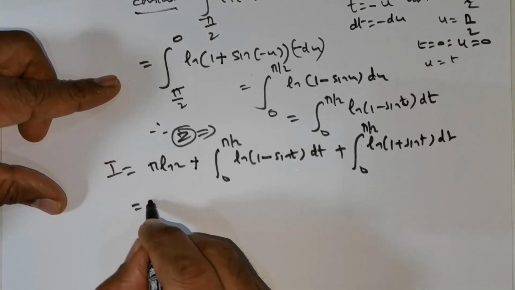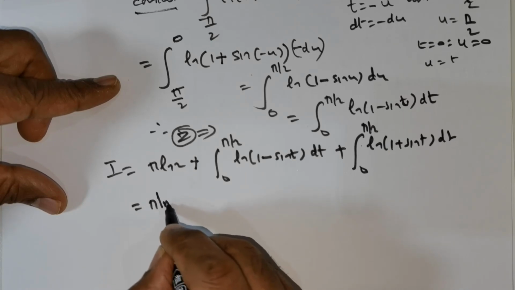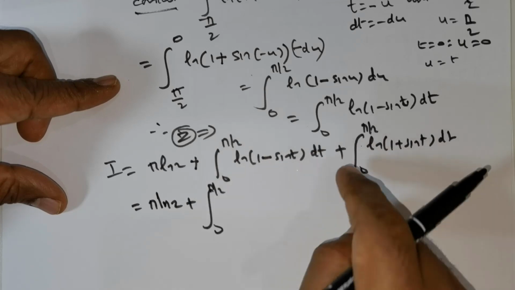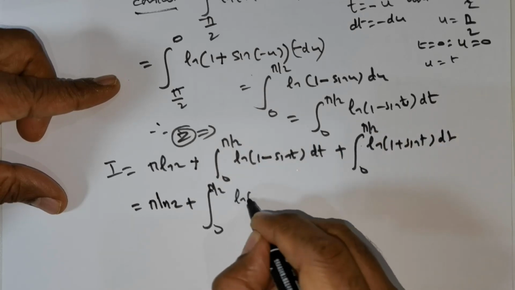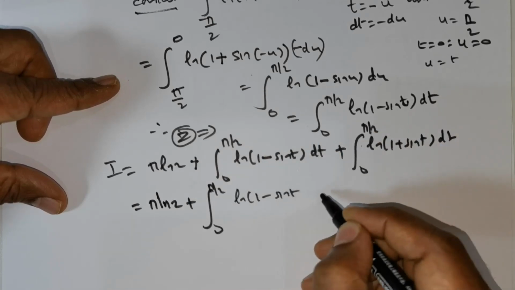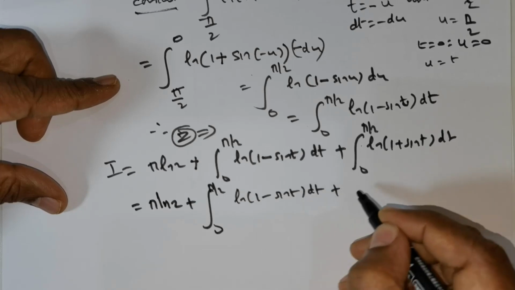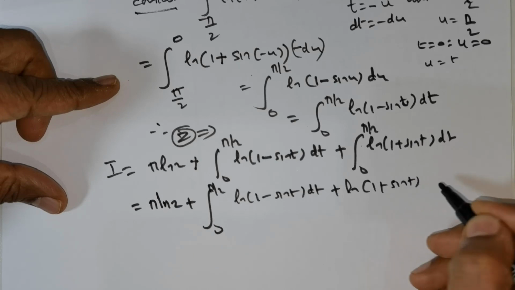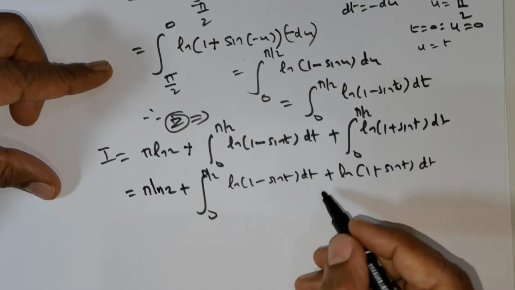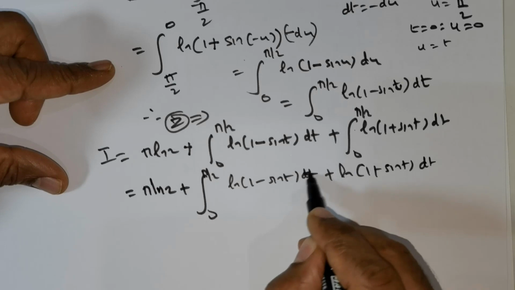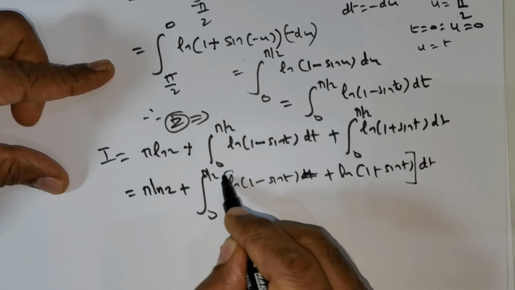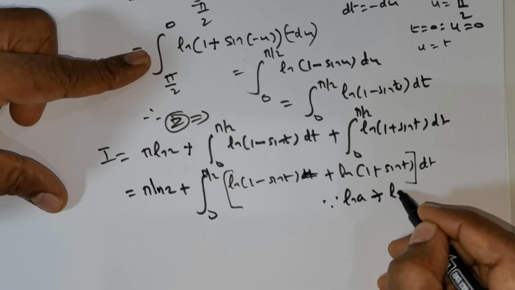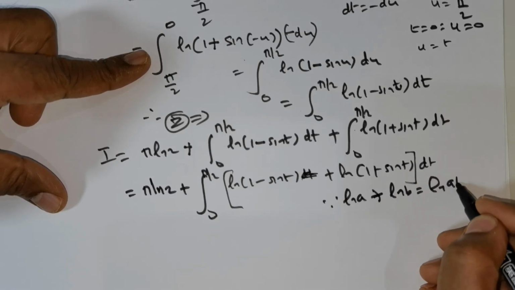Now this can be joined together: pi times ln 2 plus the integral from 0 to pi over 2, since the limits are the same, of ln of 1 minus sine t plus ln of 1 plus sine t. I will place dt outside. This is similar to ln a plus ln b, which is equal to ln ab.